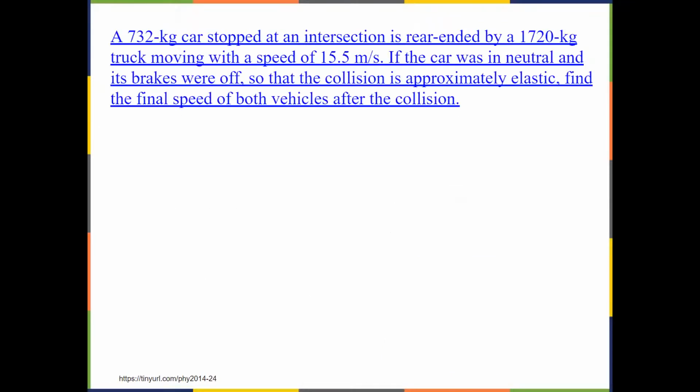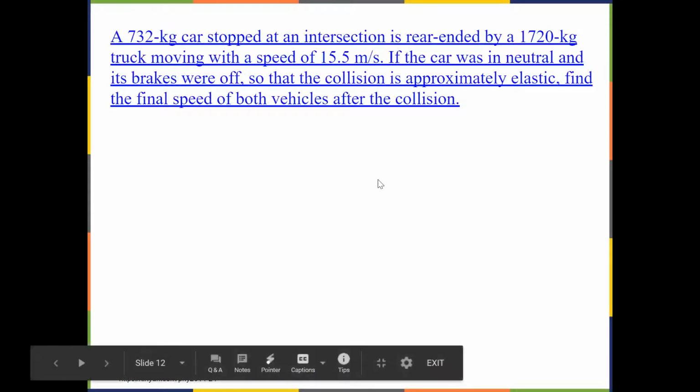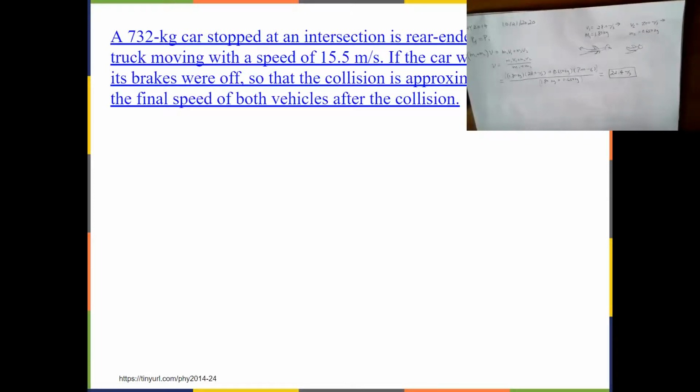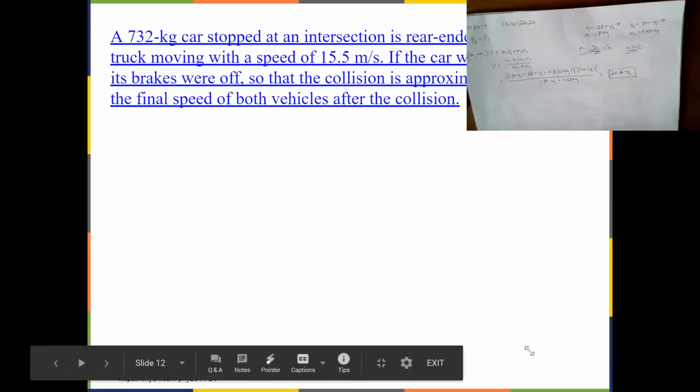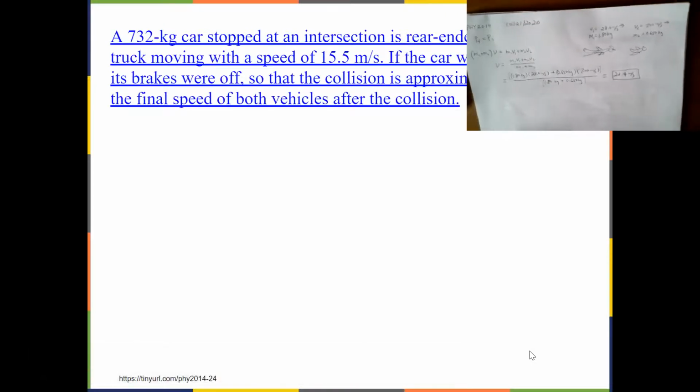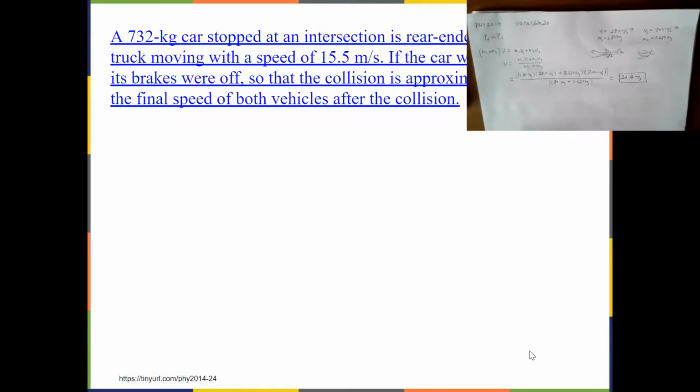We will take a look at one example here. It says a 732 kilogram car stopped at the intersection is rear-ended by a 1720 kilogram truck moving with a speed of 15.5 meters per second.